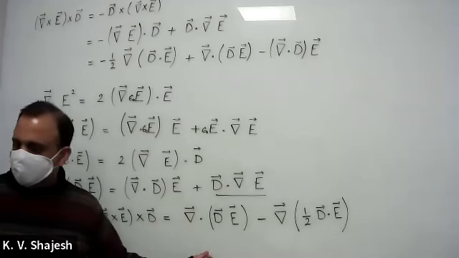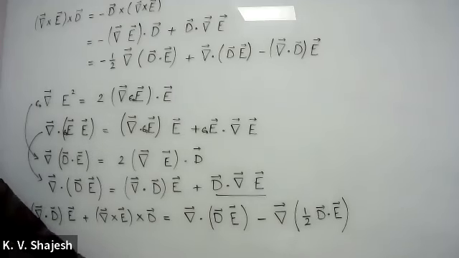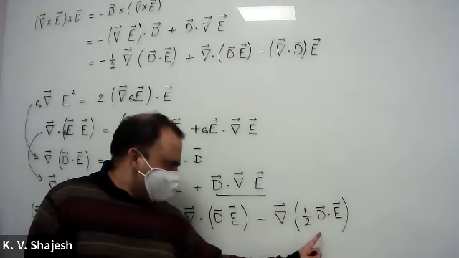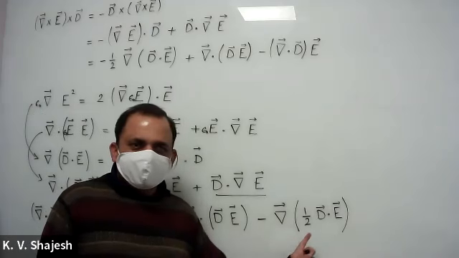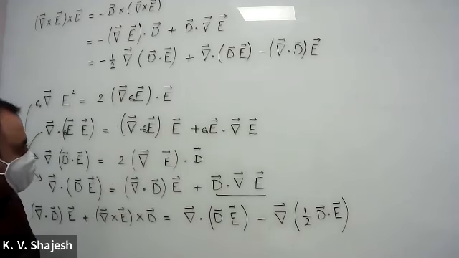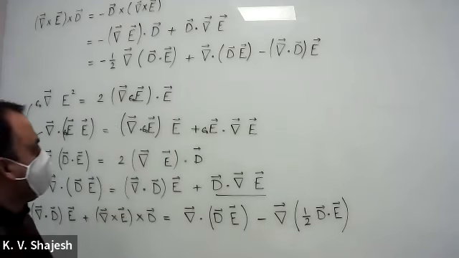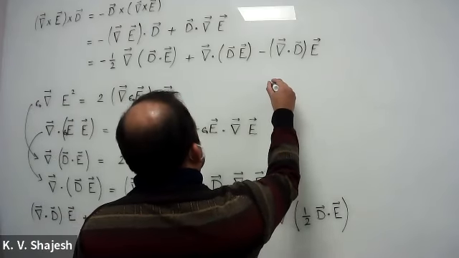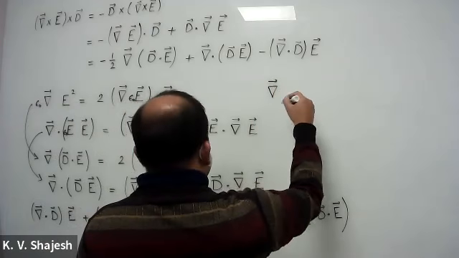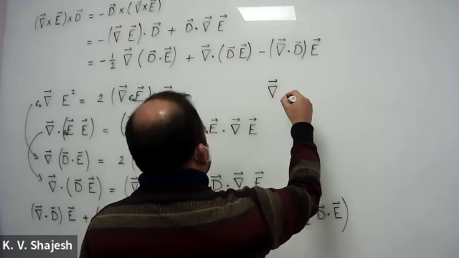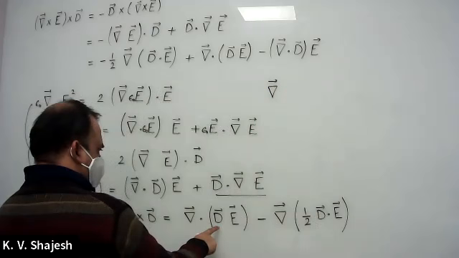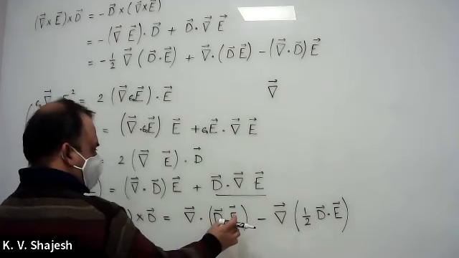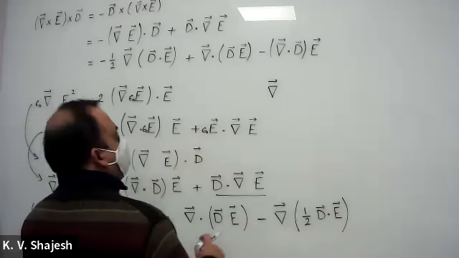Our goal was to write it as a total divergence, but this is not really a total divergence. This is a divergence and this is a gradient. So it doesn't seem to have played the role, but notice that this is a tensor right here, so this is a vector that comes out.